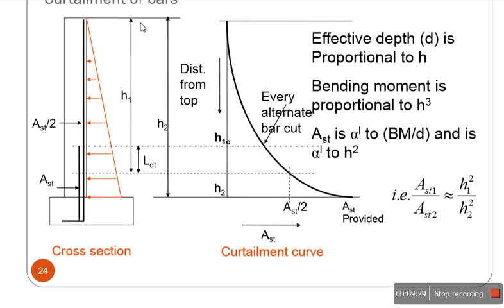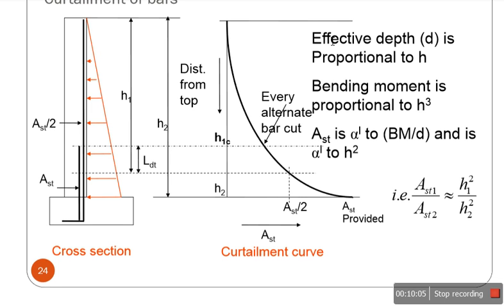Up to what height, h2 overlaps to a certain height, as diagrammatically represented here. At a certain height we curtail a bar, and the rest extend to the full height. So there is a reduction in the steel reinforcement, and we can bring down the amount we spend on this. Every alternate bar is cut.